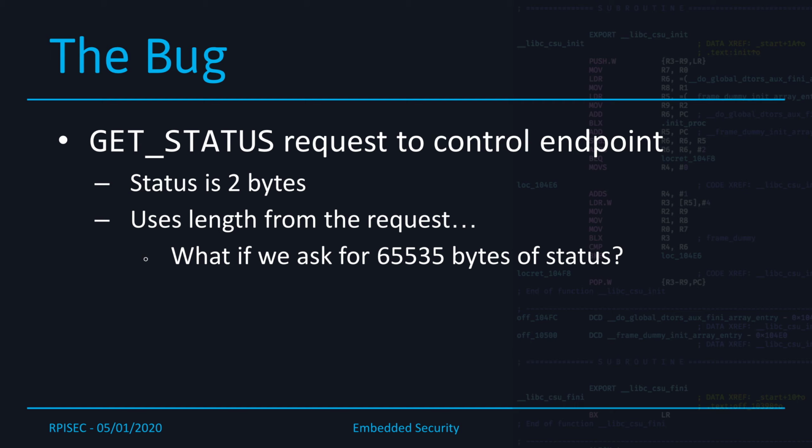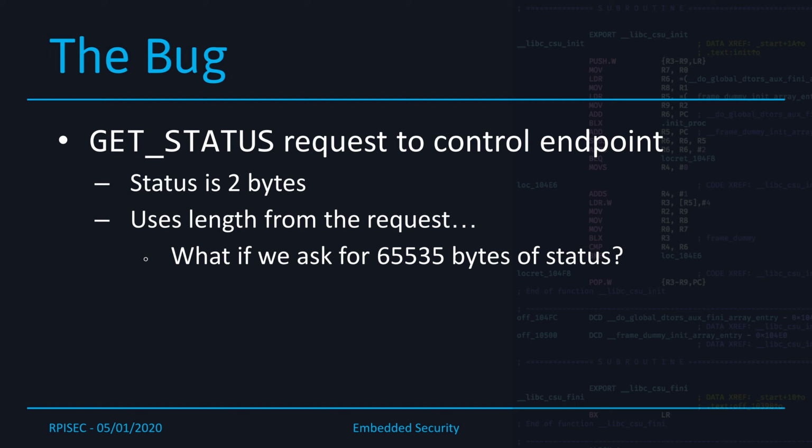So yeah, the bug, because I don't want to spend too long on this, is basically that you have this 2-byte status that I showed in the memory layout that's on the stack, and you might issue a get status request over USB because you want to know the status of the device. And in certain cases, it will use the length you specified in your USB request to reply with the status, to copy out the status.